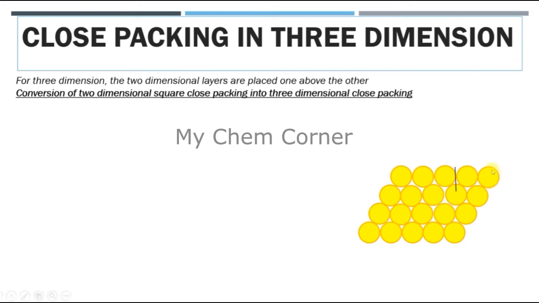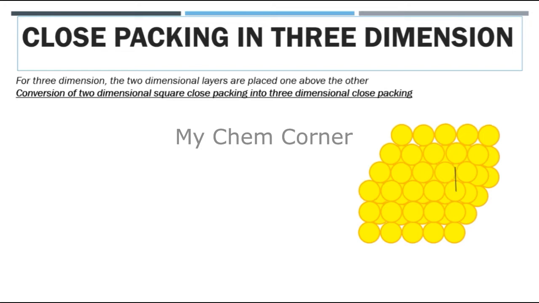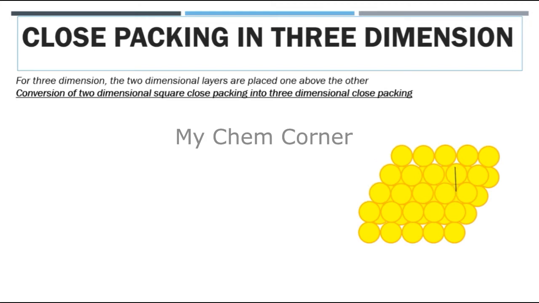If I just push it from here and try to make it straight, it will be a proper square close packing. So I've just slanted it to show you all a 3-dimensional shape, so it's easy to understand. Now here, what I'm going to do is place the second square close packing right above the first layer. If you have not seen it, I will show it to you all once again.